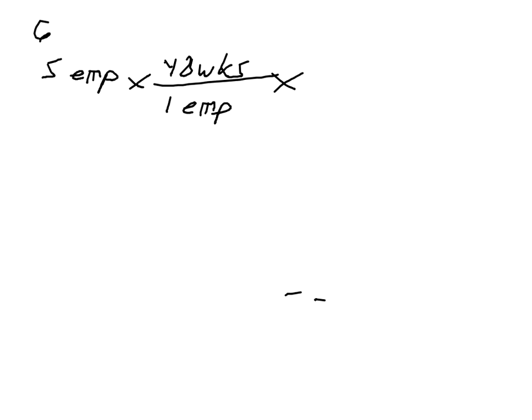All right, and then they're not working 35 hours. Well, they're being paid for 35 hours, but they only do 30 hours in their hired task. So we're going to multiply by 30 hours per week.